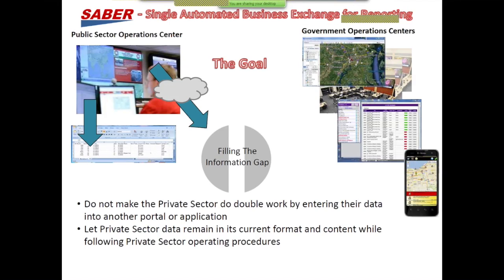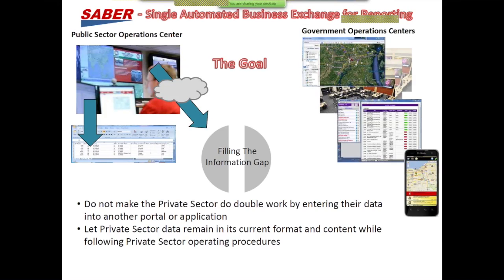So if Florida was going to take a hit from a hurricane, we were going to have multiple counties, multiple requests again, and we saw this as a way to seamlessly provide information to the government sector.